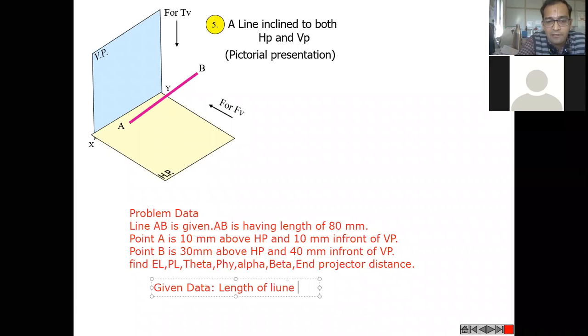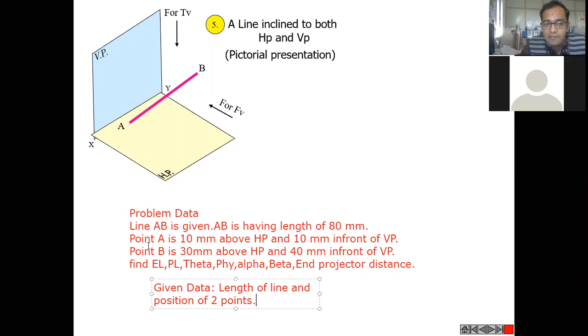Length of line and position of 2 points. This much of data is available to us and we need to find other information concerned with the problem. So how should we start? We need to start visualizing the problem like this.